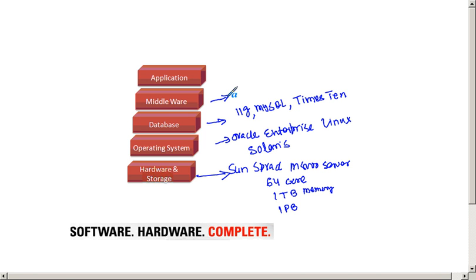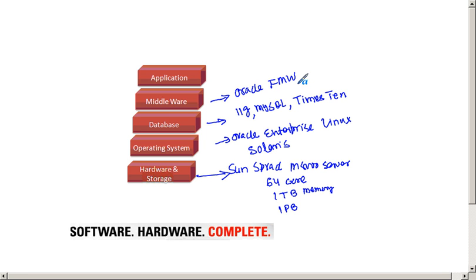Middleware is a product that essentially runs your application programs. Those application programs are going to run on the middleware, and in middleware Oracle sells Oracle Fusion Middleware, Oracle FMW.